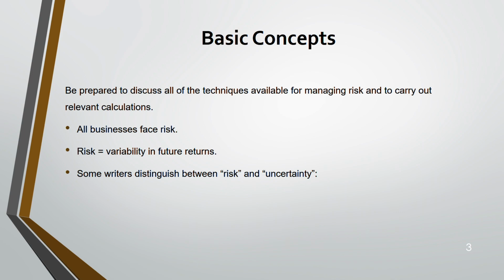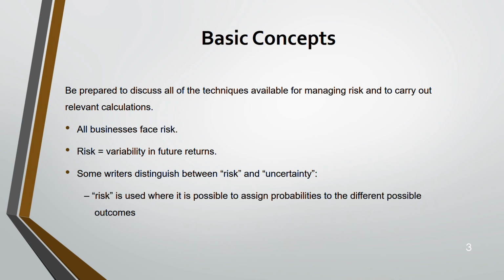And some distinguish between risk and uncertainty. They are different. Risk means there are some probabilities that you assign to it, that whatever you have expected, the outcome might be different. With some probability, let's say 30%, what you have predicted might not be true. Uncertainty, on the other hand, is used where this is not possible. You cannot give probabilities to uncertainty.